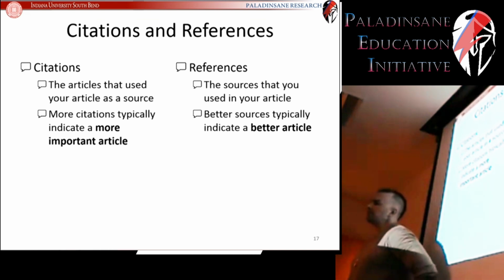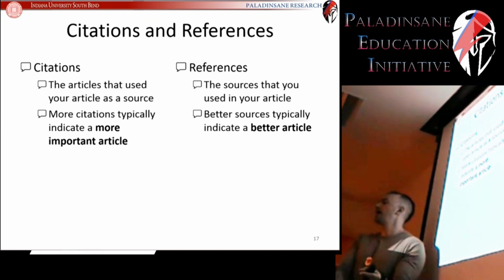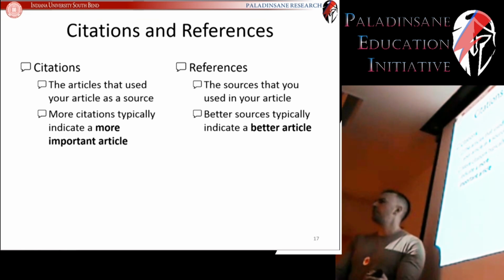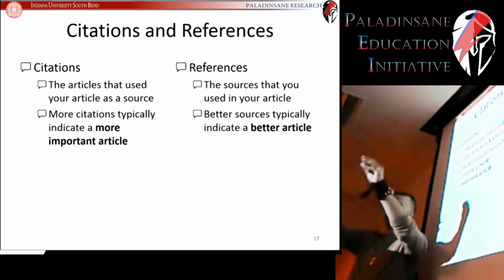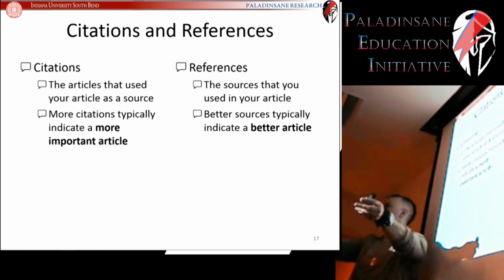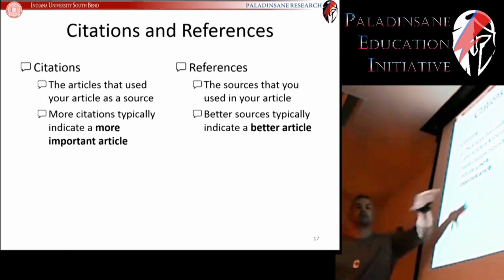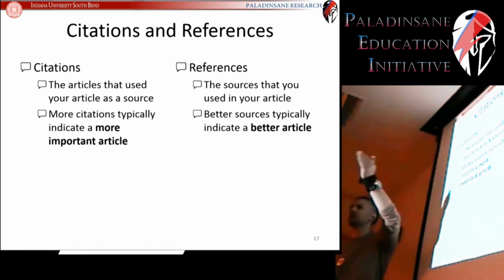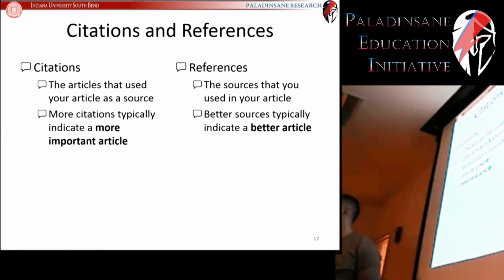Usually it's better, but sometimes controversial articles that are not very good will get highly cited just because people will cite them as saying, this article was horrible, Smith and Smith, 1942 or something like that. So sometimes you get a bad article that's highly cited just because everybody's talking about it, but usually it means that it's a very important article.